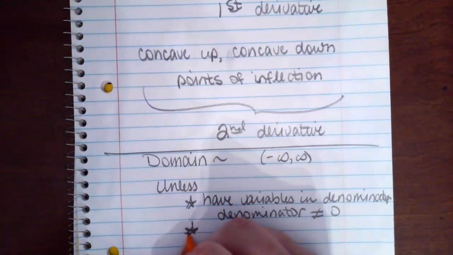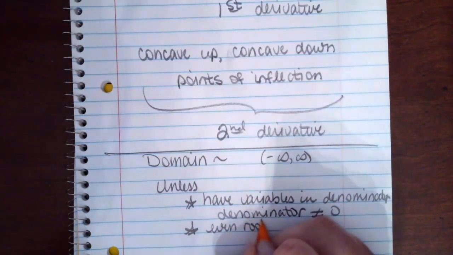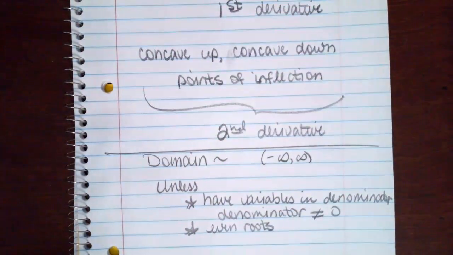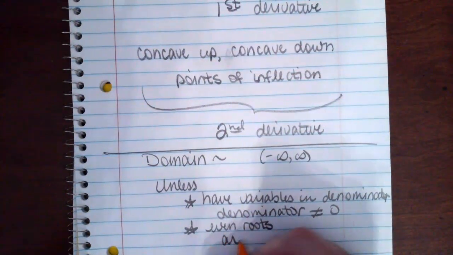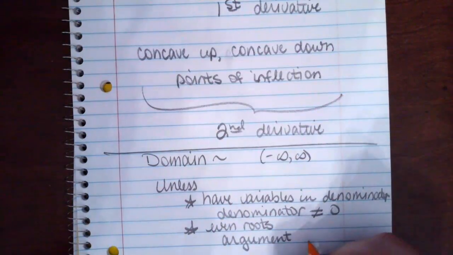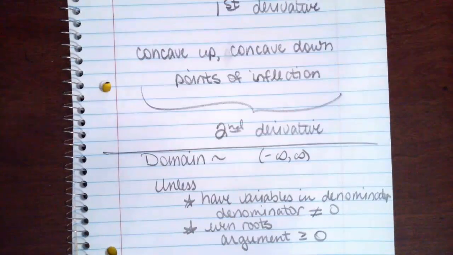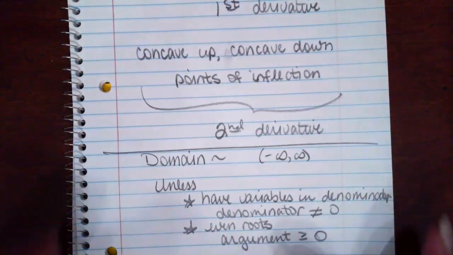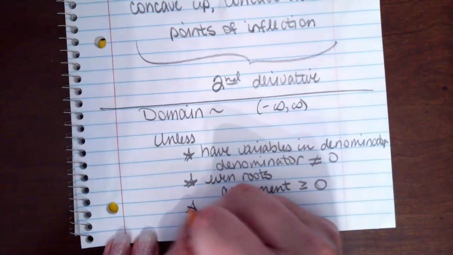What else have we got? Even roots, like a square root or a fourth root or a sixth root, as long as your root is even. Take your argument, which is the stuff underneath the radical, and say it's got to be greater than or equal to 0. What if I have a logarithm?